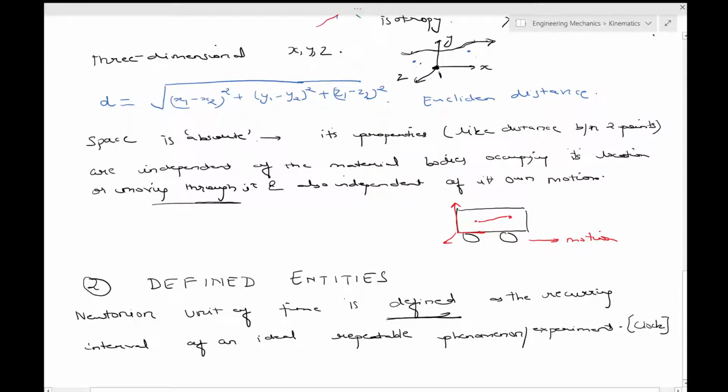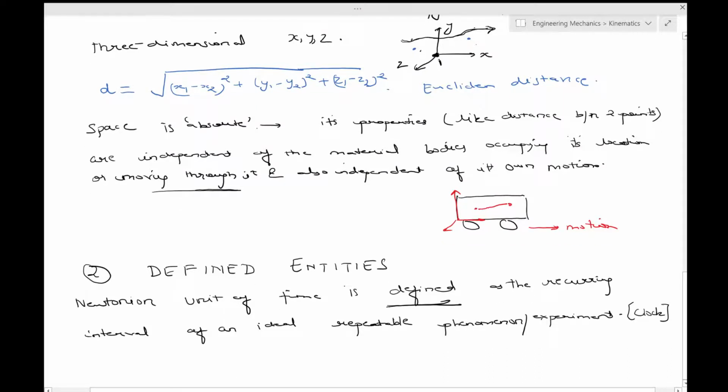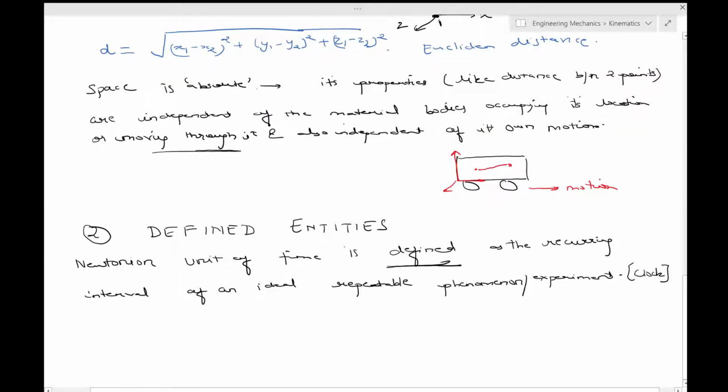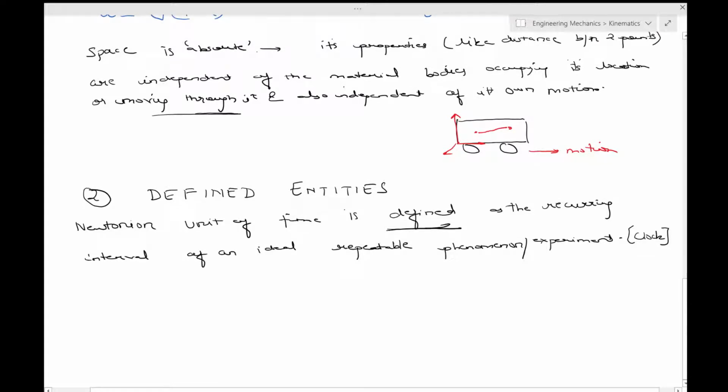You must have done experiments about, say, the swinging of a pendulum, and then you try to measure the time period using a clock and so on. That's how you understand what time is, and how it is defined as the recurring interval of an ideal repeatable phenomenon. So you can just recall that. I'll just write it over here. Recall your school experiment.